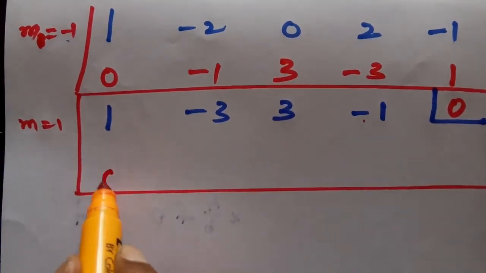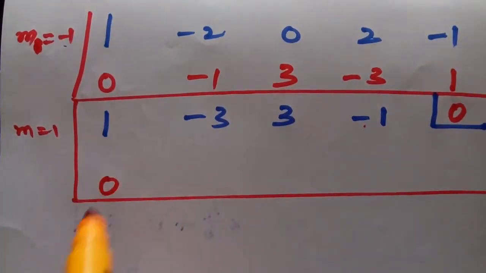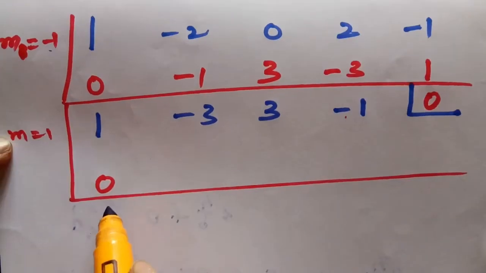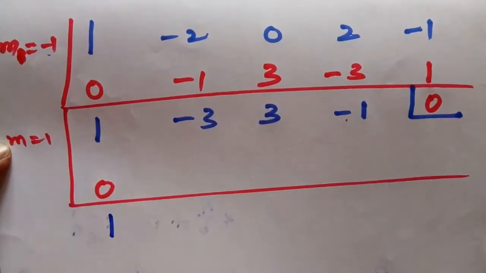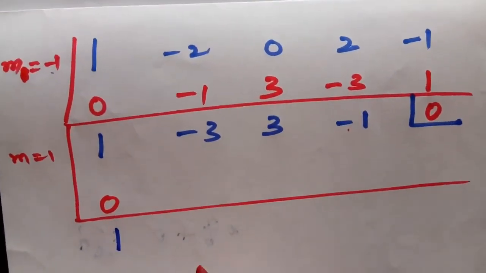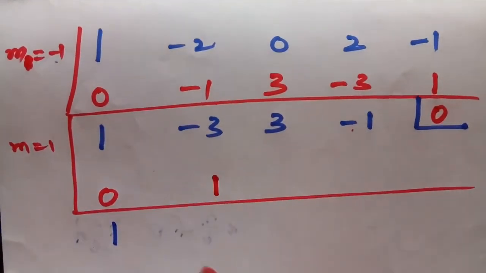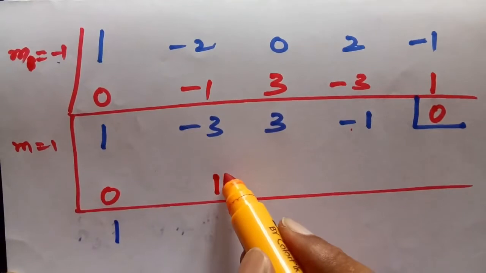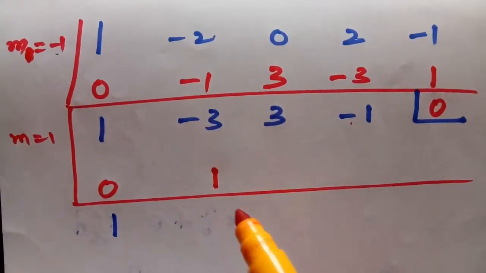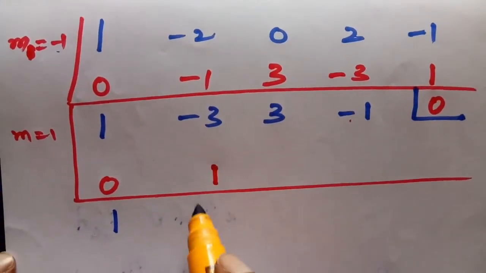Therefore, we get 0. Therefore, m equal to 1 satisfies the equation. Therefore, put 0 here. 1 plus 0, 1. 1 into 1, that is 1. So minus 1, minus 3 plus 1, that becomes minus 2.